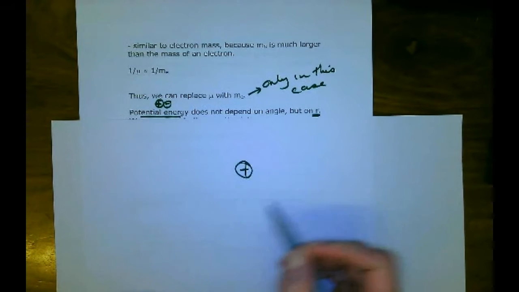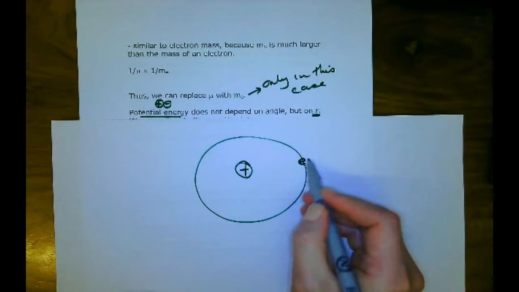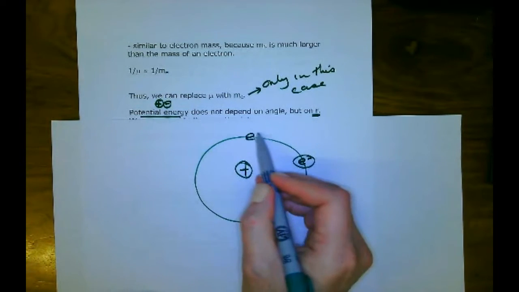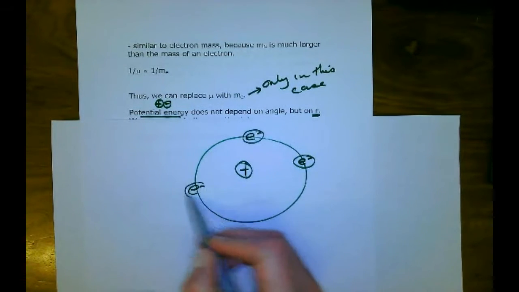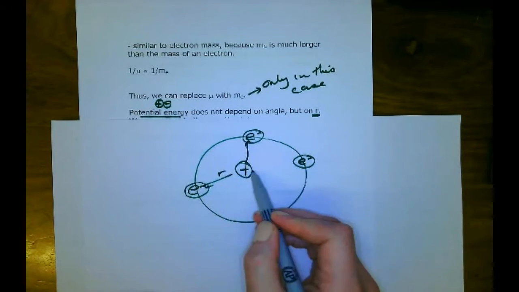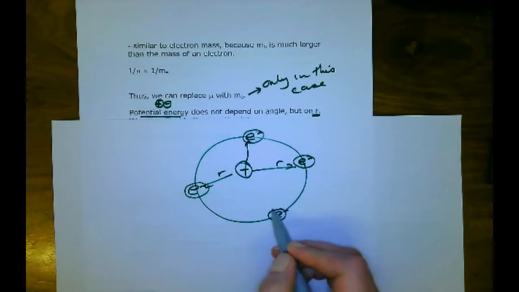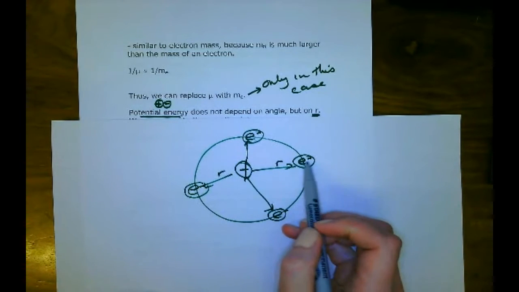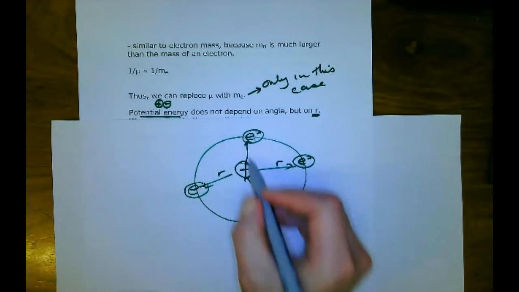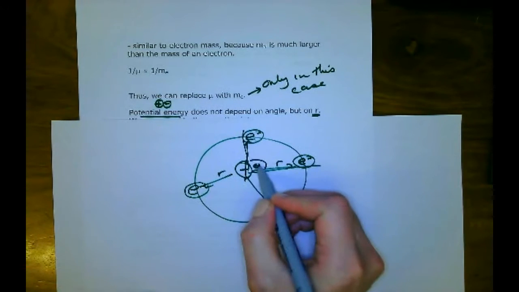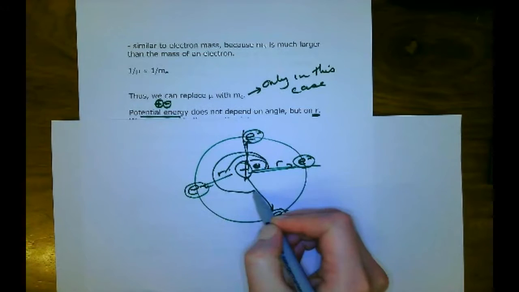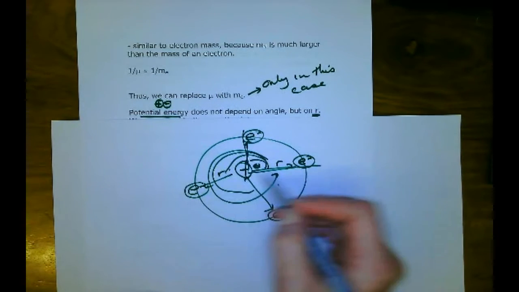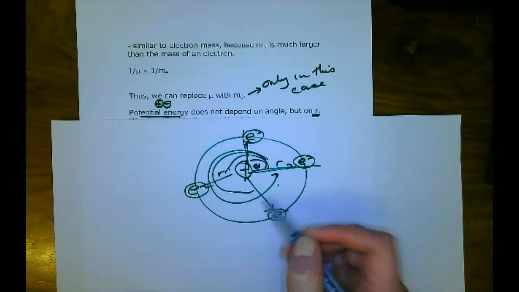If you think about a positive charge and a negative charge, no matter where at a specific radius you place the negative charge, the attraction between the positive and the negative charge will be the same at any angle. So if we were to define that angle there, or there, or there, or there, the attraction will be the same. So the potential energy will be the same.